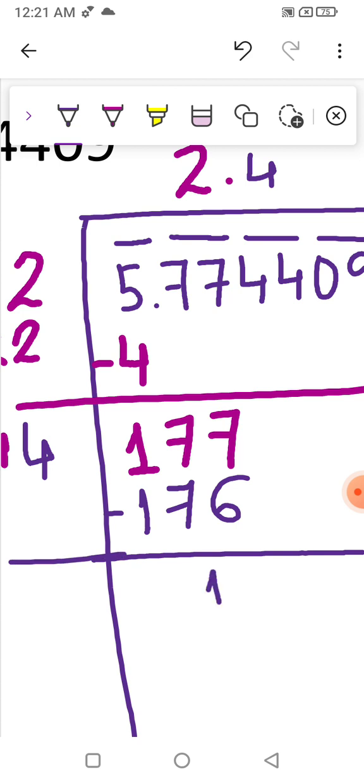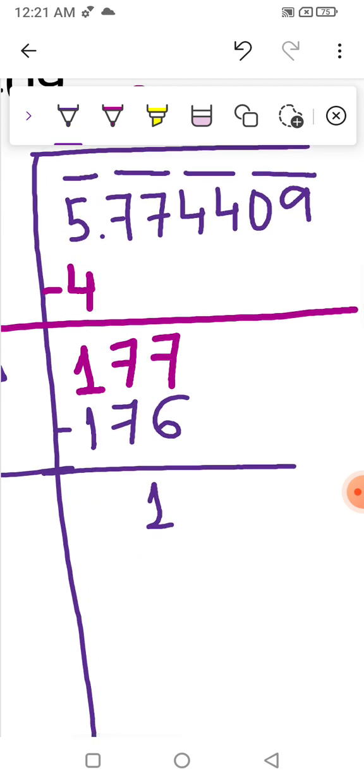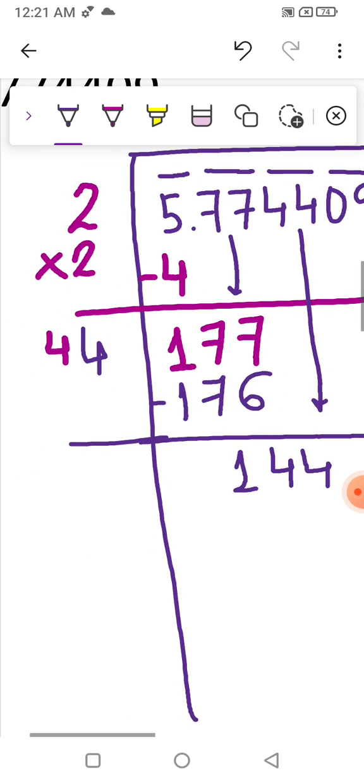We get 1, and the next pair moves below, that is 44. Now over here the latest number will be multiplied by 2, so the 4 will be written as it is and the latest number, that is 4 into 2, becomes 8.